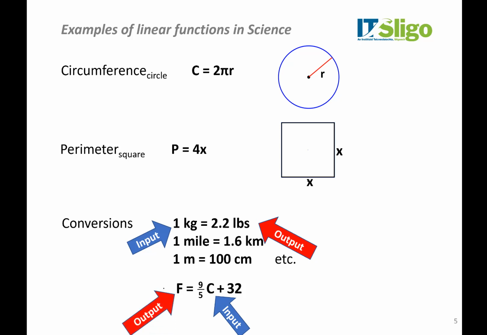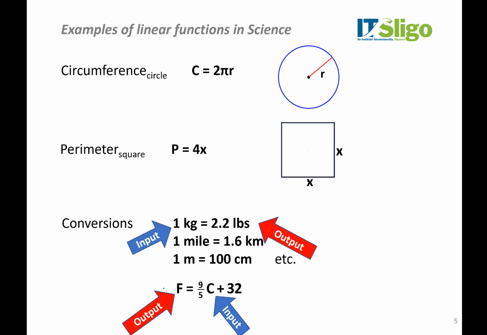So in the lowest function, the Celsius function, we feed a Celsius value into this function, and a Fahrenheit value is outputted. So it's really important, guys, to get this idea of input and output sorted early on in the module, because we'll be referring to it again and again.